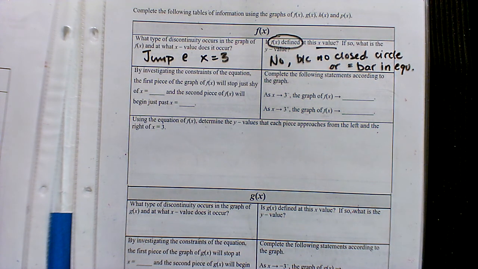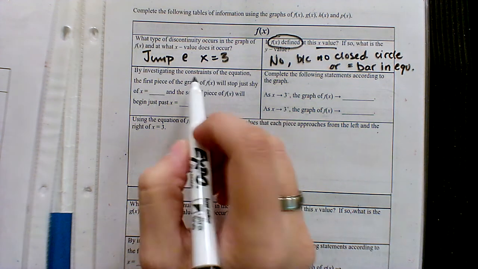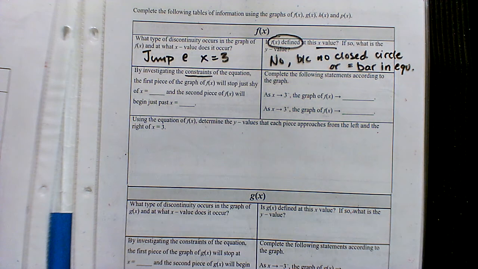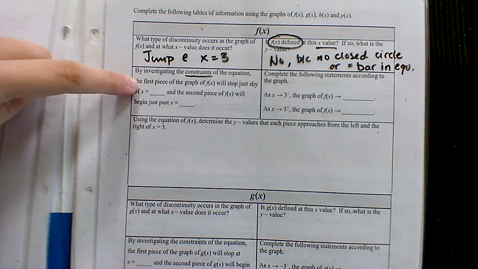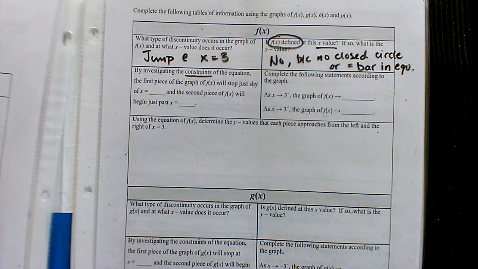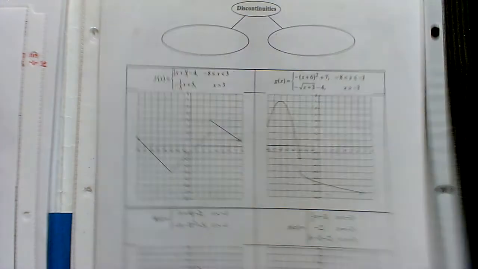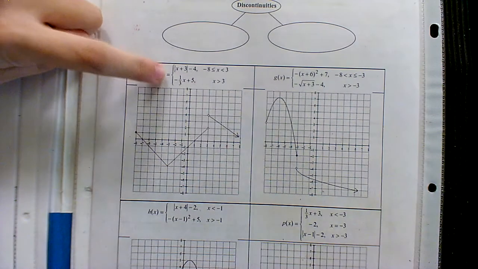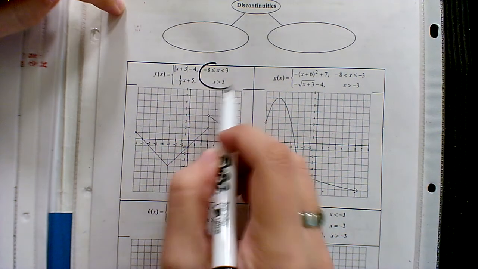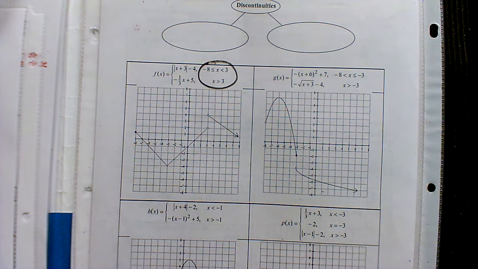Okay. The next question is asking us, by investigating the constraints, aka the domains of the equations, where does the first piece end and the second piece begin? So take a look at your equations, this domain or constraint section. Where does the first function end and the second one begin in terms of their x values?